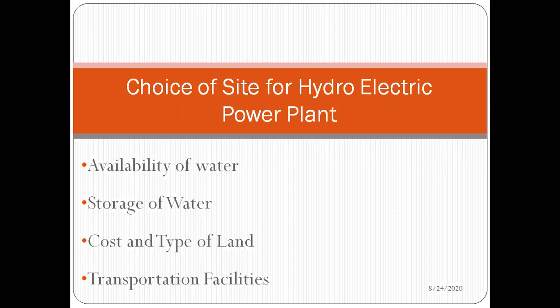All these hydroelectric power stations, when they were built, had these four categories kept in mind: availability of the water, storage of the water, cost and type of the land, and transportation facilities. Clear? So this is all for today's lecture.